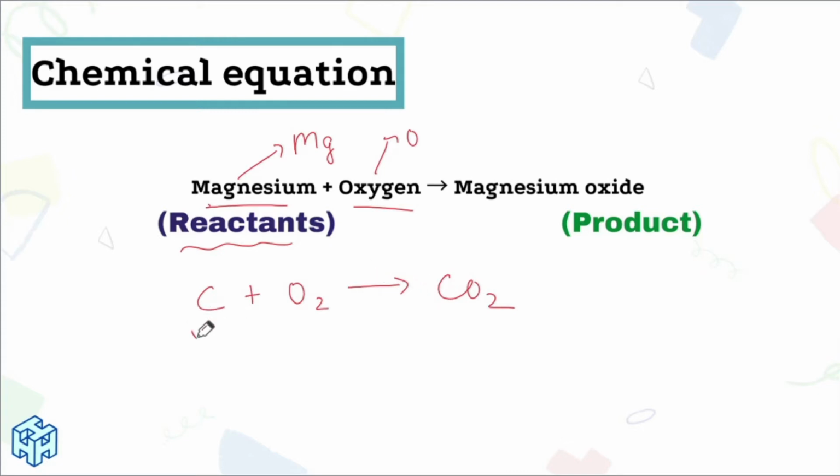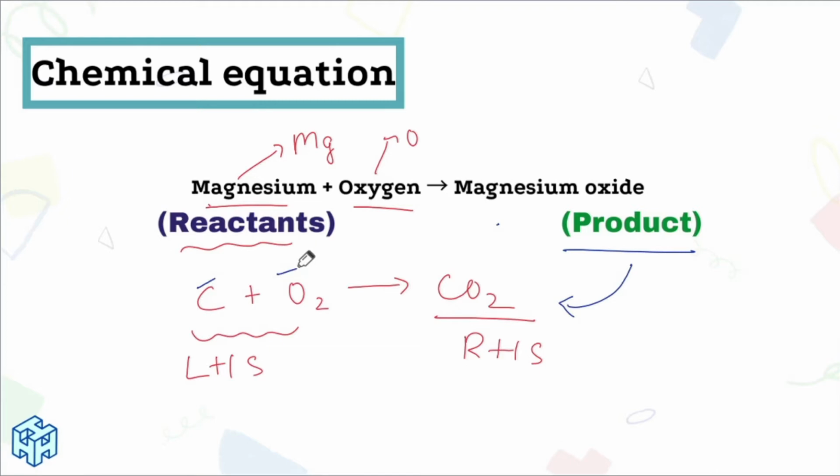The reactants are written on the left hand side, LHS, and the product on the right hand side, RHS. When we add both reactants we get a product.